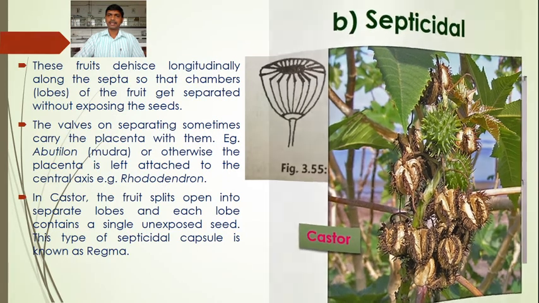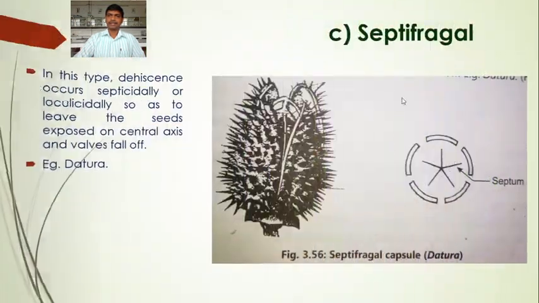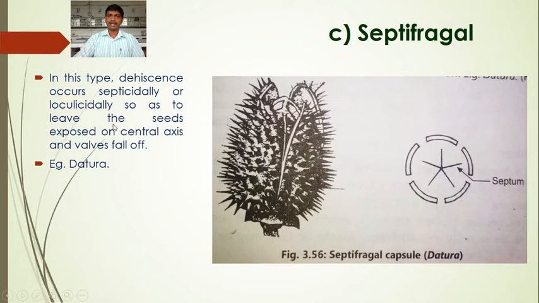Okay, next type is the septifragal. Here in this type, dehiscence occurs septicidally or loculicidally so as to leave the seeds exposed on the central axis and the walls fall off.